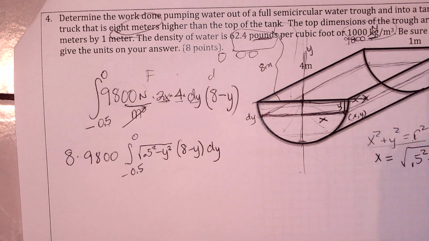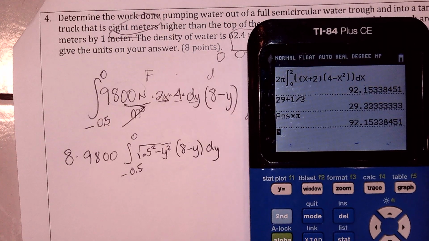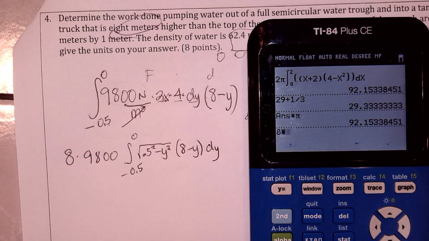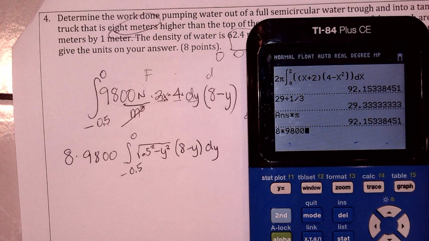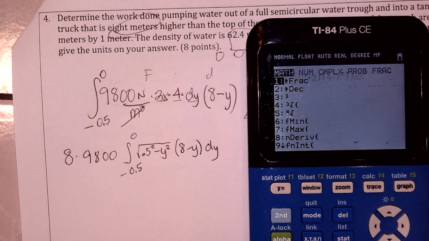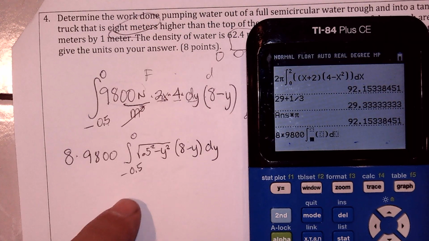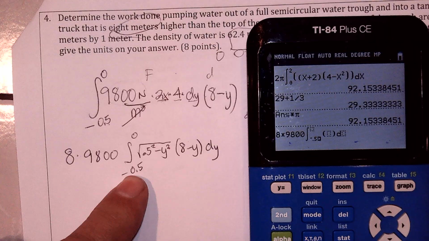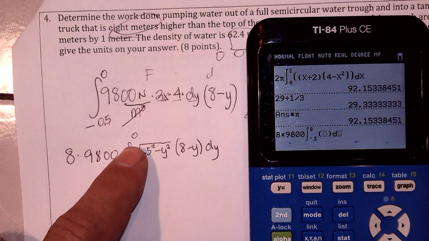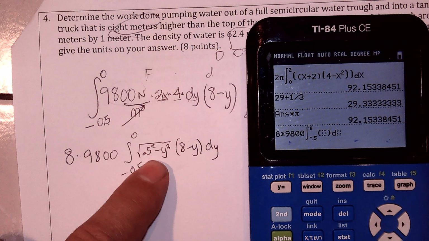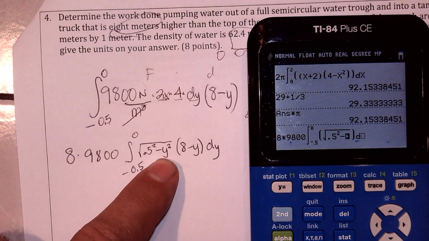And now it's time to pull out the calculator. Math 9. Oh. 8 times 9,800. Now, Math 9. Negative 0.5, 0. I got this square root of 0.5 squared minus y squared.